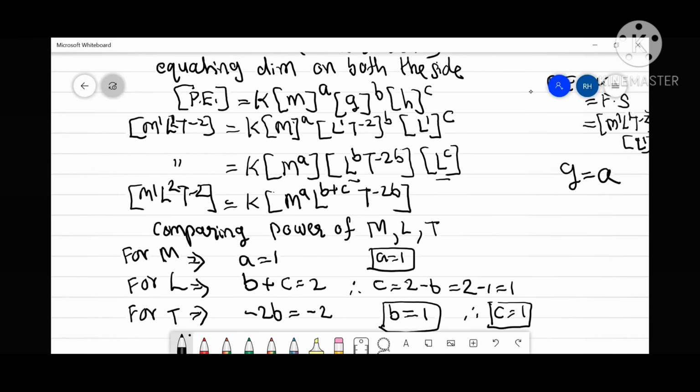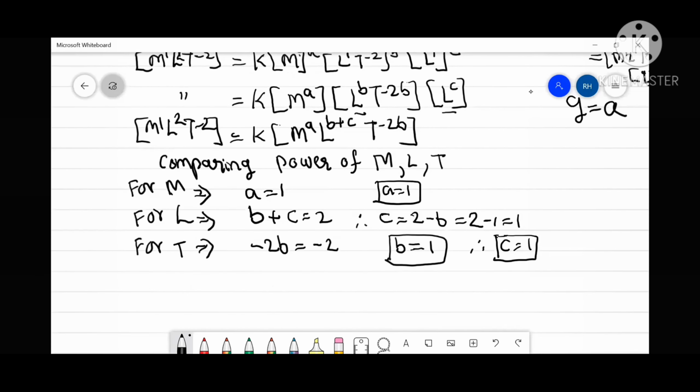Now we have the three values of a, b, c. These three values we will substitute into the above equation. Substitute the values of a, b, c in equation 1.